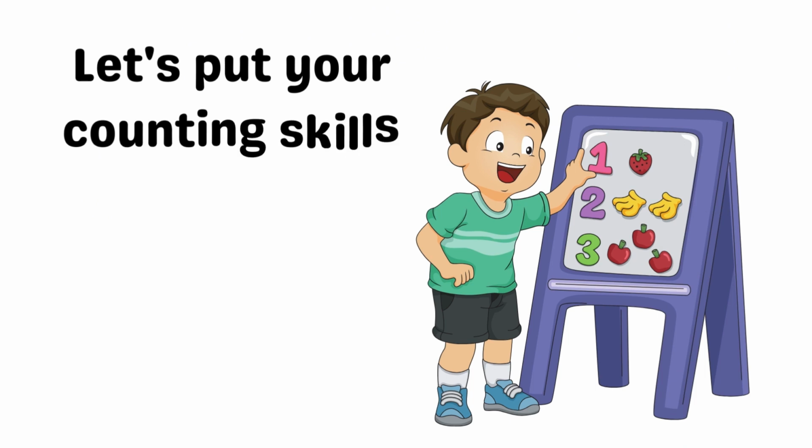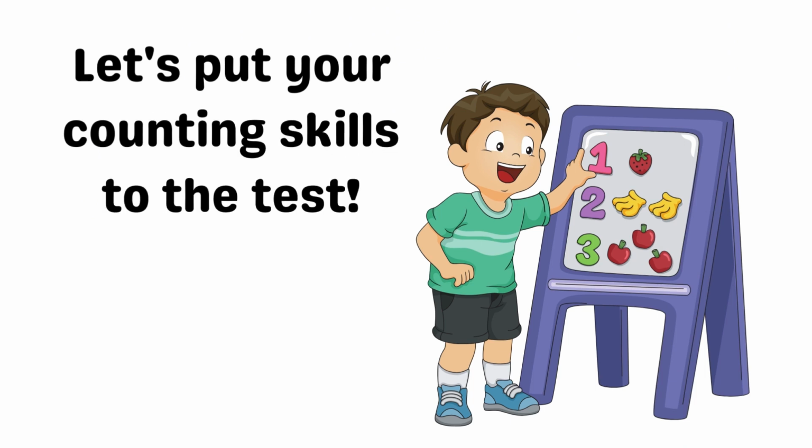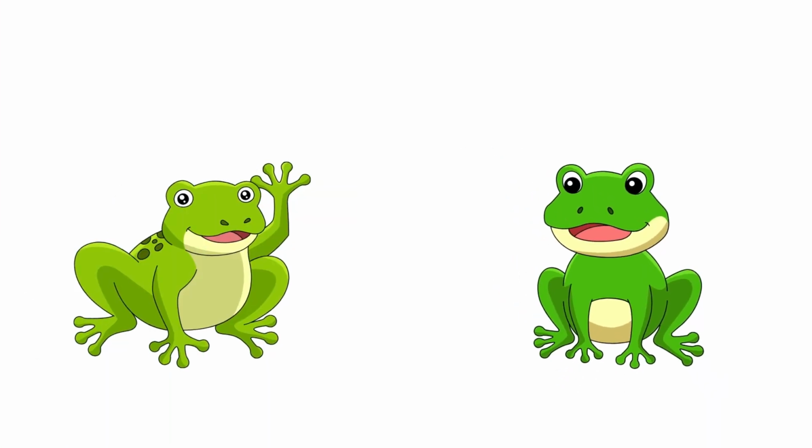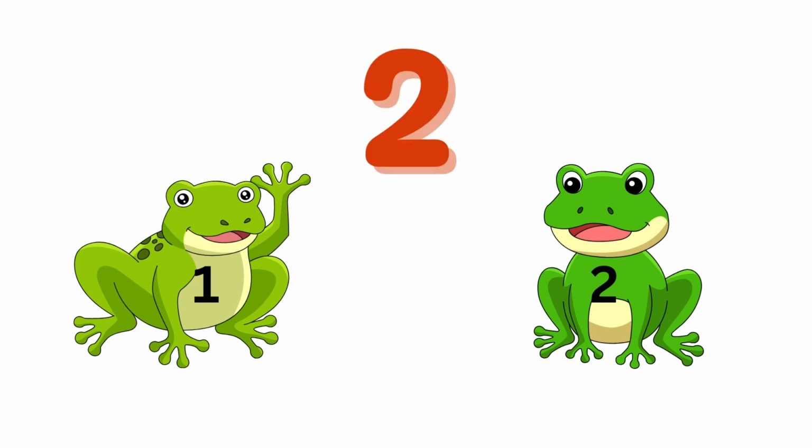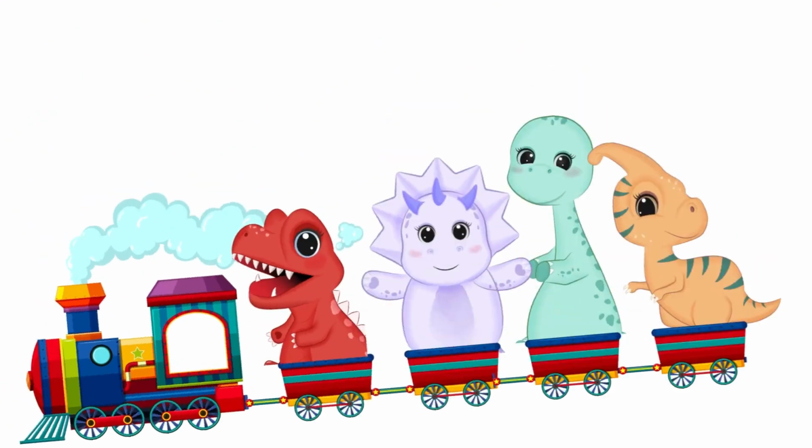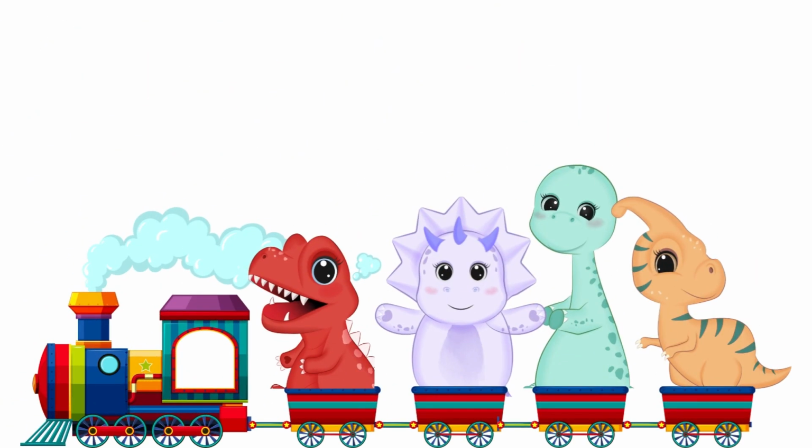Let's put your counting skills to the test. How many frogs do you see? 1, 2, Correct. You have 2 frogs. How many dinosaurs do you see? 1, 2, 3, 4.